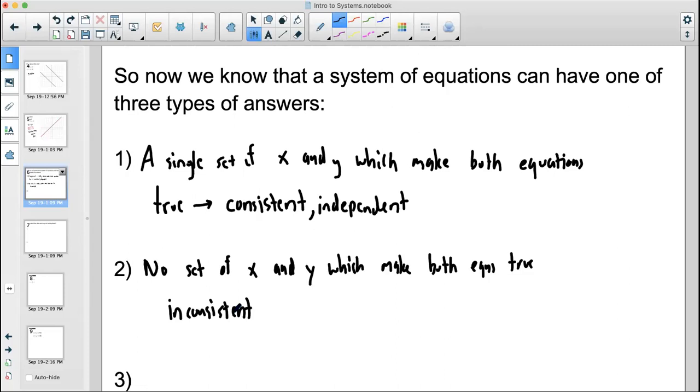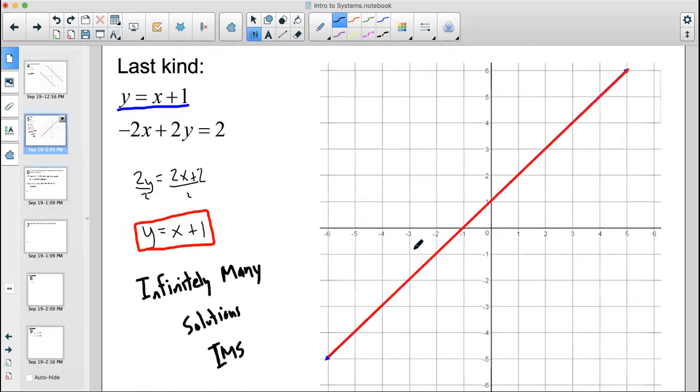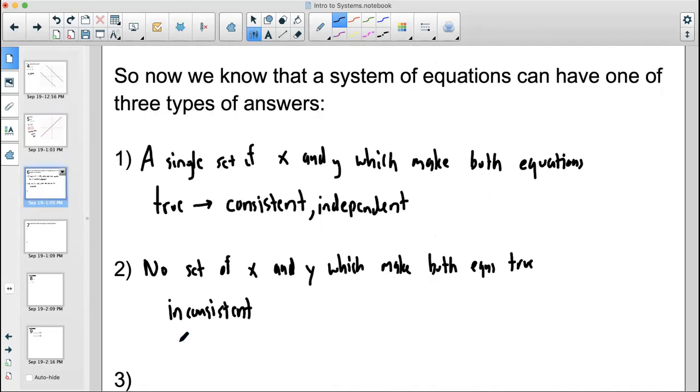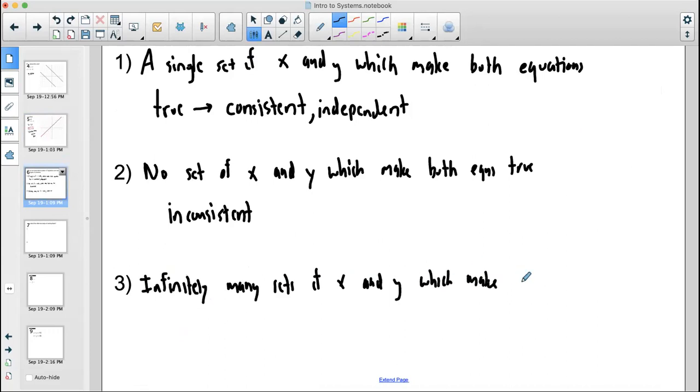Okay. And lastly, this one where they were right on top of each other, we have infinitely many solutions. That would say infinitely many sets of x and y which make both equations true.